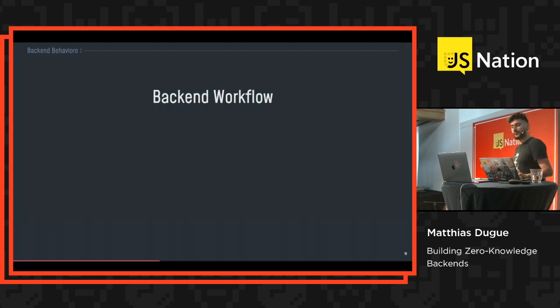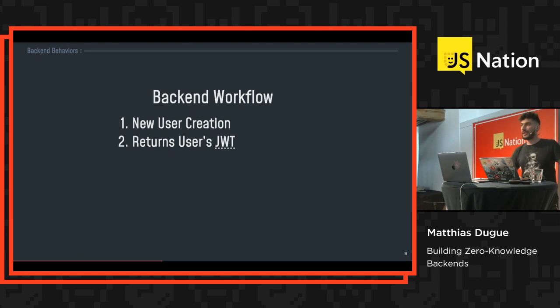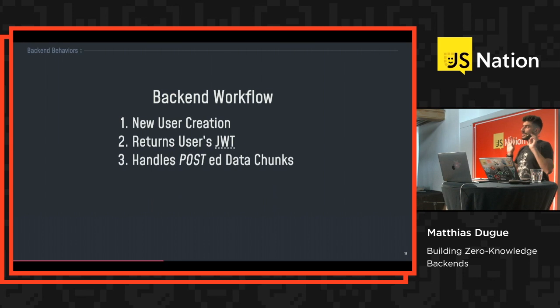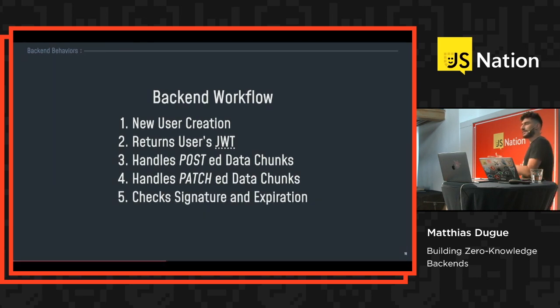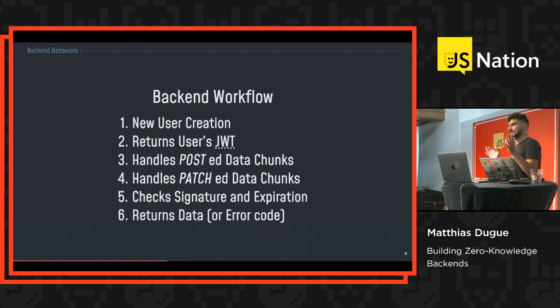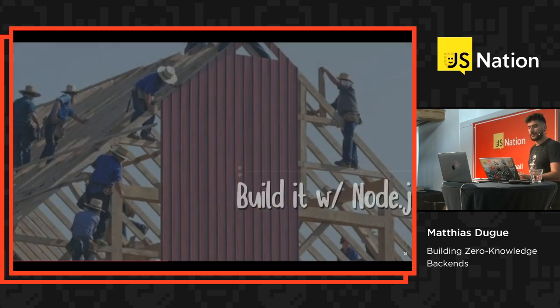So the workflow from the backend side is: I create a new user, I return a JSON Web Token, I handle all posted chunks of data, and I'm allowed to patch them on the backend side. I check the signature and the expiration part, and I return it, or an error code if there is some problem during the process. That's all.